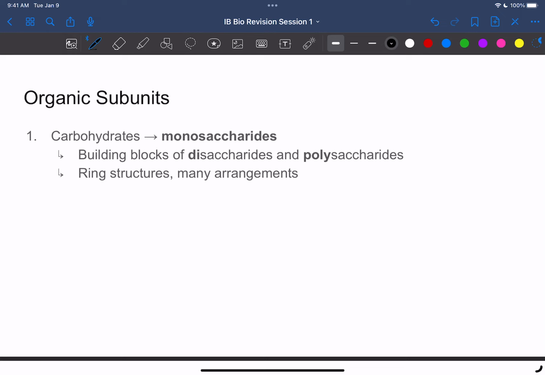So carbohydrates are monosaccharides. So an example here is, well, first I'll just break down the word. Mono means one, and saccharide means sugar unit. So one sugar unit, I'll draw this a little better here. And an example of this is glucose.